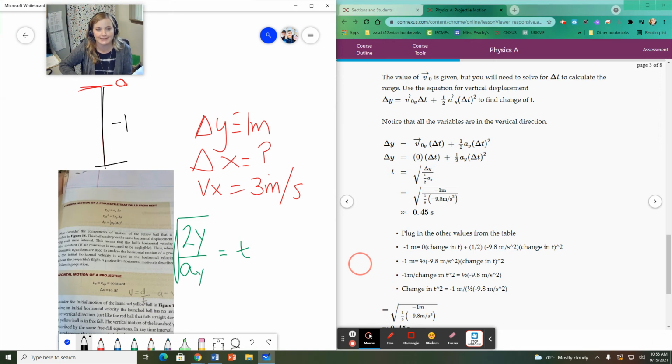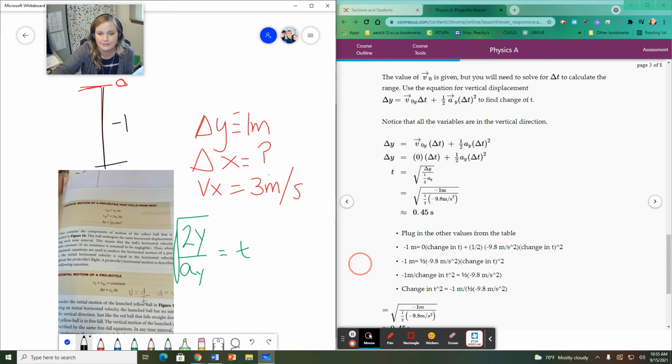So that's why that is a -1 and not a +1. The only reason that matters is because if we didn't do that, we would have a negative value in the square root and it wouldn't work. So -1 times 2, that's negative 2, divided by -9.8 meters per second squared.